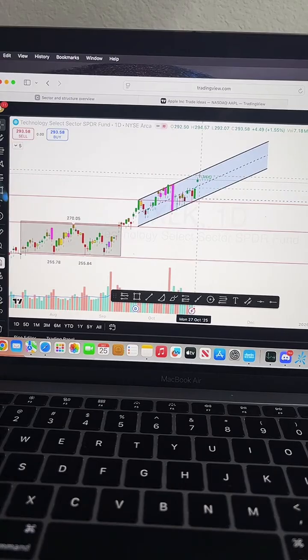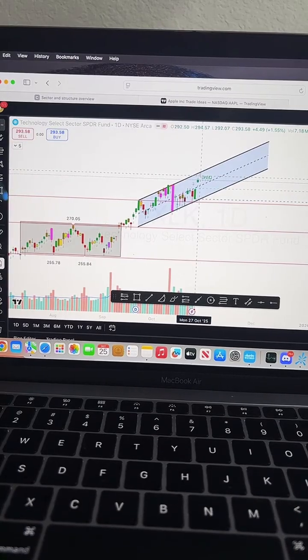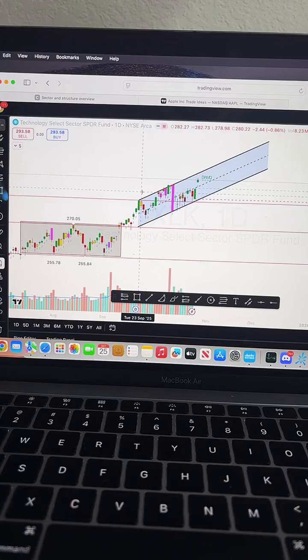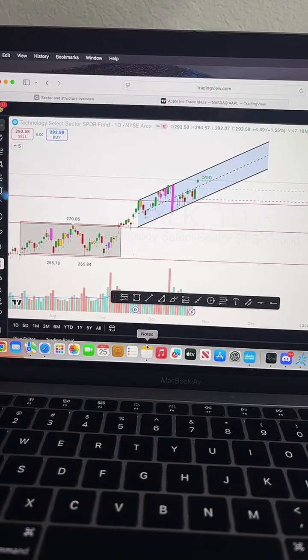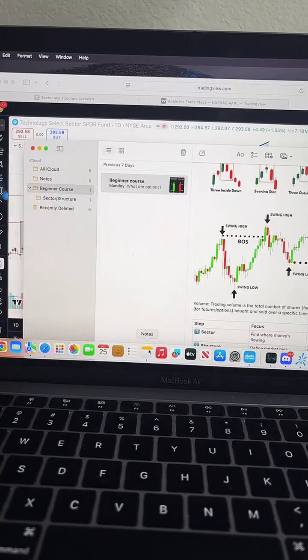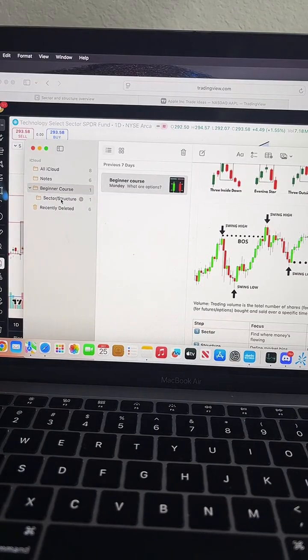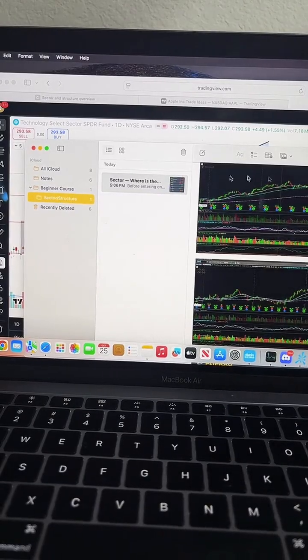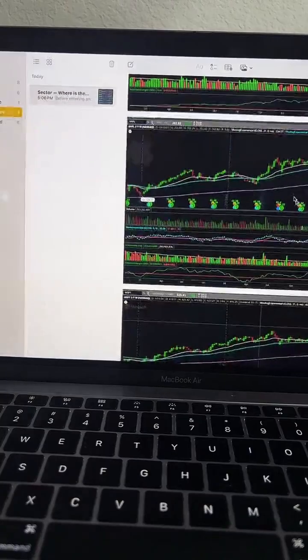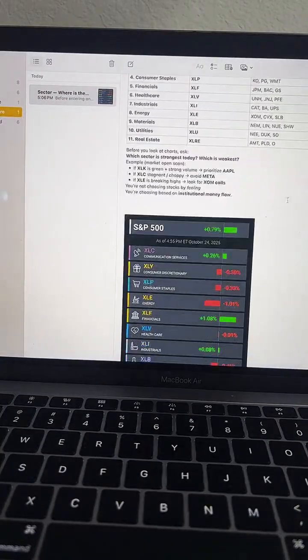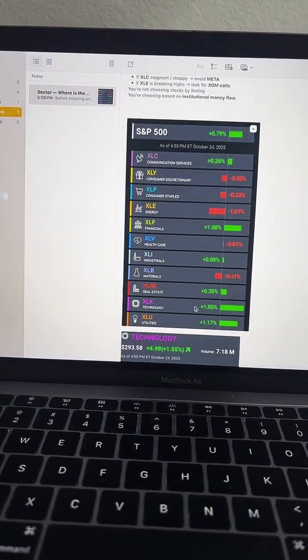Do you find the sectors on daily or weekly? So were you here in the beginning, or did you just get here? So I think she just got here. Okay, just came. So we just went over, and I'll have the replay of this too. We went over the sectors, and the tech sector performed the best.